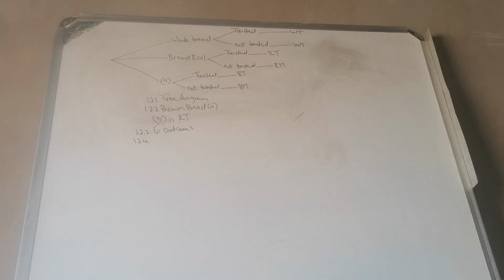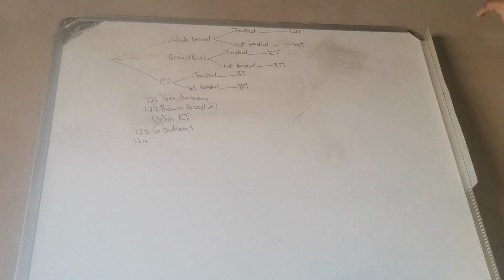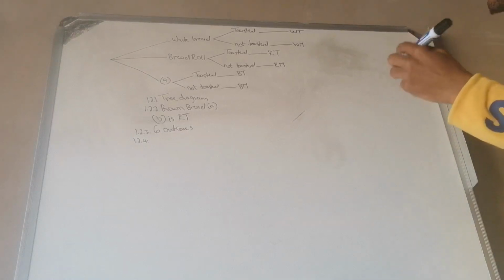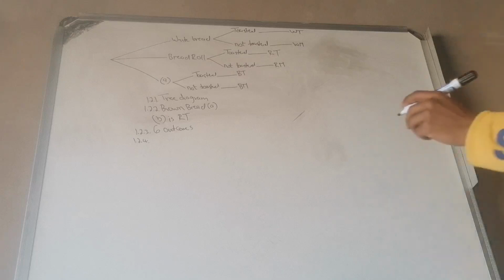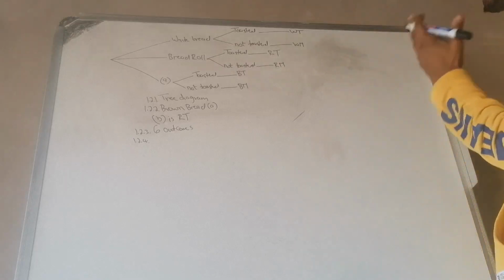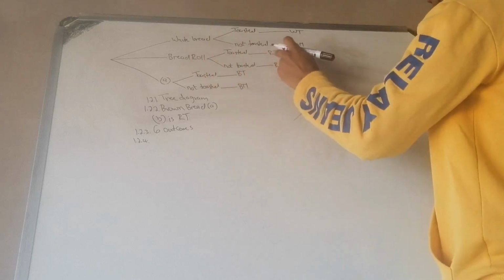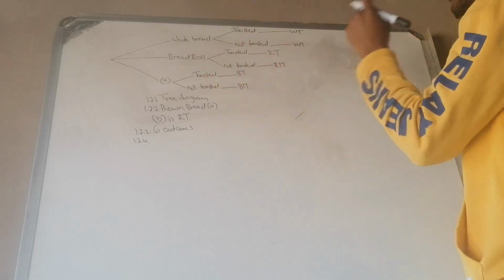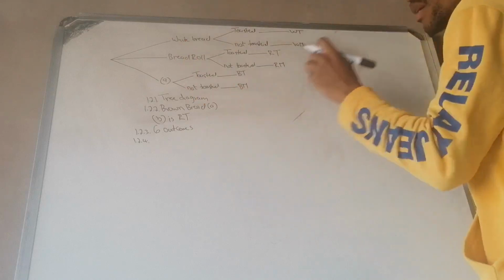Calculate the number of toasted bread outcomes. We have 6 outcomes, and we need the toasted ones. I know that a bread roll can be toasted or not toasted, and also white bread and brown bread.